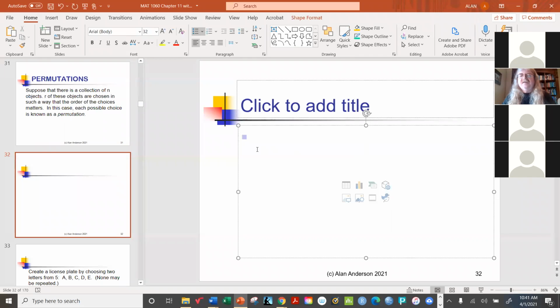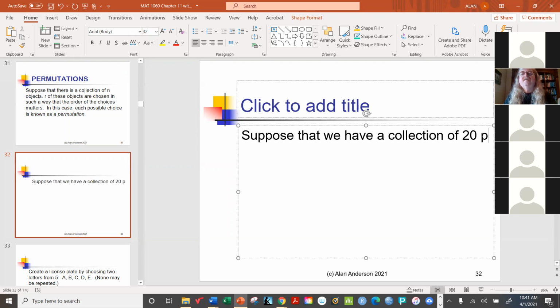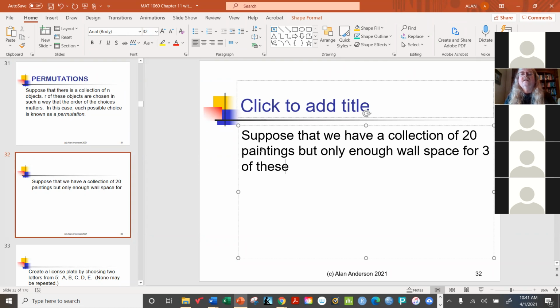Suppose that we have a collection of, let's say, 20 paintings, but only enough wall space for 3 of these paintings. Now, what that means then is that at any given time, I have to select 3 of my paintings to start with.